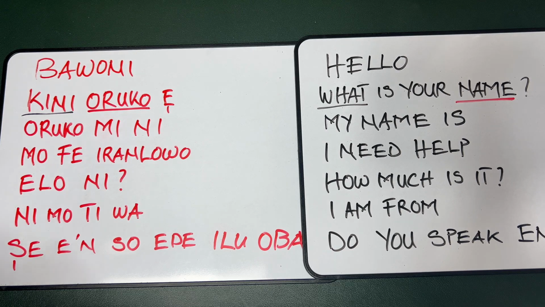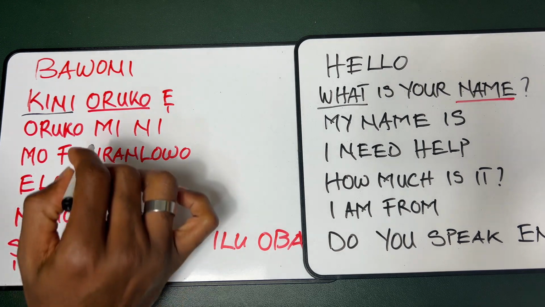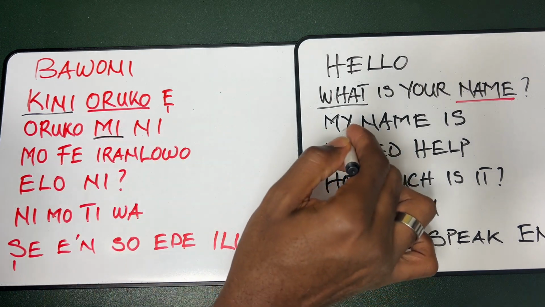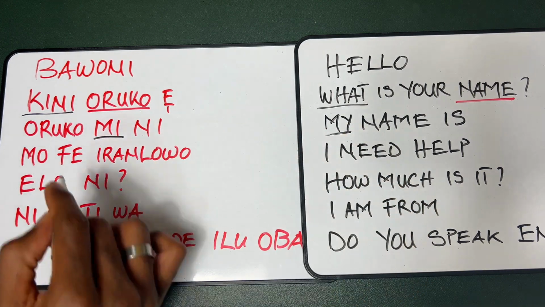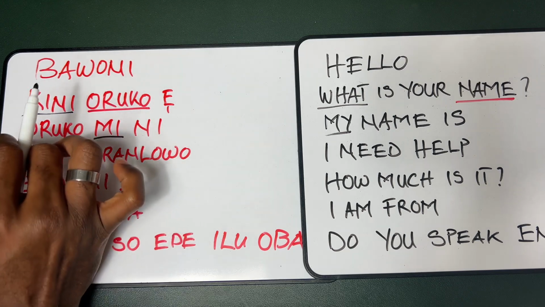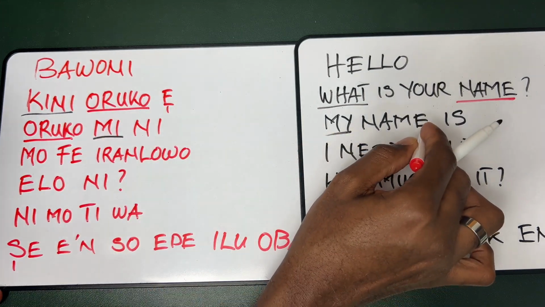Kí ni orúkọ ẹ. Then when you want to say my name is, remember, name means orúkọ. You say orúkọ mi. So mi is the my. The orúkọ is the name, as you know.